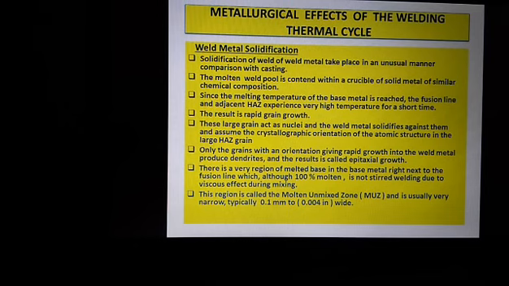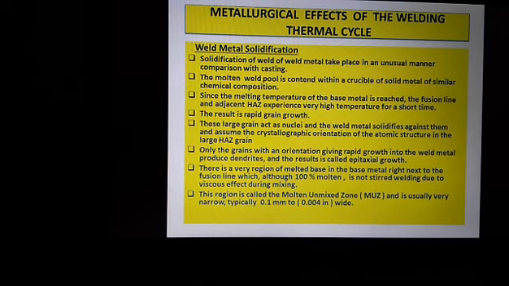Since the melting temperature of the base metal is reached, the fusion line and adjacent edge experience very high temperatures for a short time. The result is rapid grain growth.